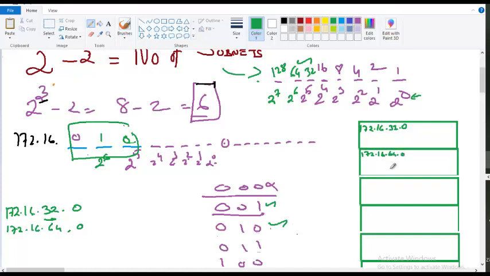Now, when you apply this one, it is going to be 64 plus 32 because both the bits are on. 64 plus 32 is 96. So 172.16.96.0.